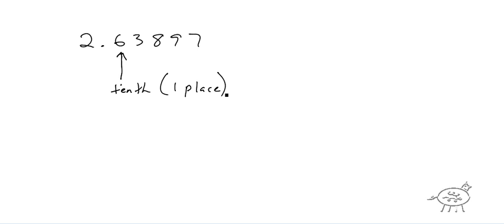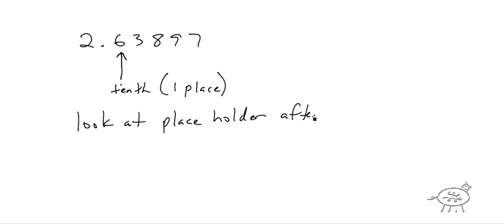That is really, really important. So you look at the placeholder after the rounding point. If I say the nearest tenth, you look at the hundredth. You look at the placeholder after, and that's so super important.